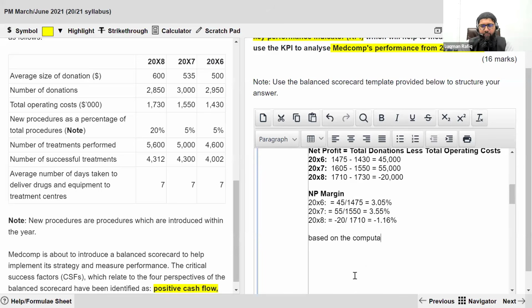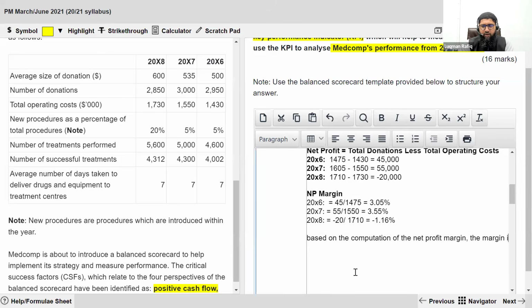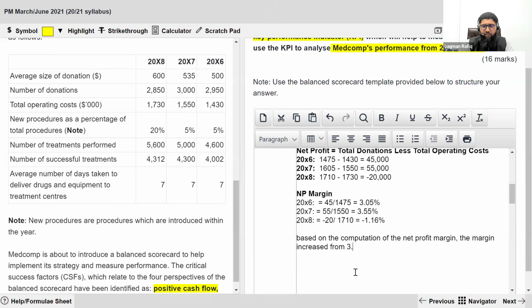Based on the computation of the net profit margin, the margin increased from 3.05% to 3.55% in the year 2000x7, suggesting that positive cash flows would have been generated for the business.